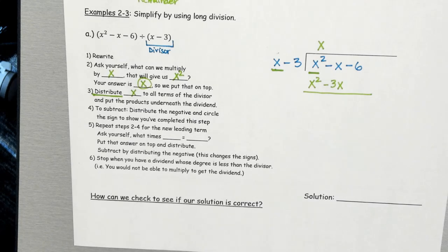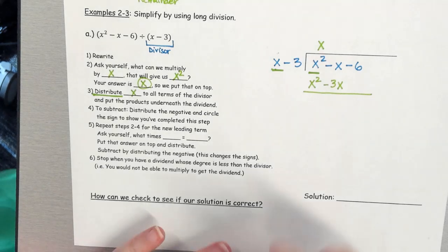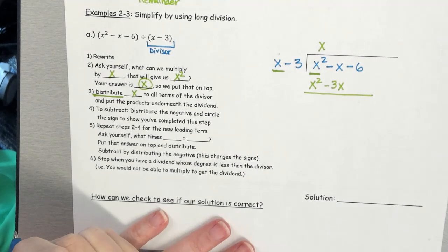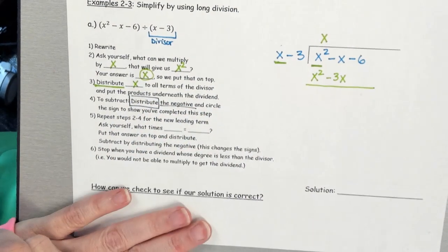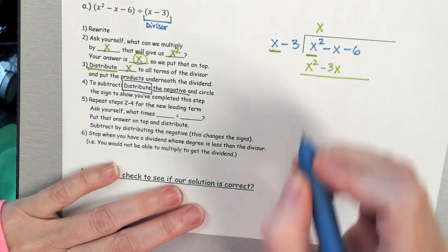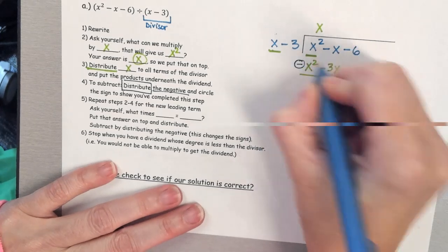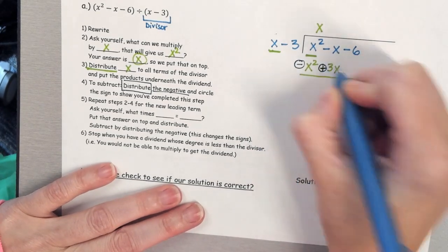Now, looking back at what we did up here, the 10 and the 9, we ended up subtracting them, right? So what we're going to have to do here is we're going to have to subtract, but you have two terms. So when you're subtracting, you have to distribute the negative. So this is going to become a minus. This is going to become a plus.